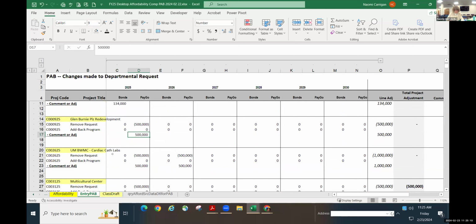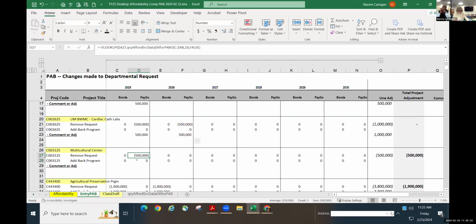The cardiac catheterization labs, $1 million contribution. Yes, the heart stays. The multicultural center, that was removed. I think there was some conversation about the state funding and whether that would come to fruition.